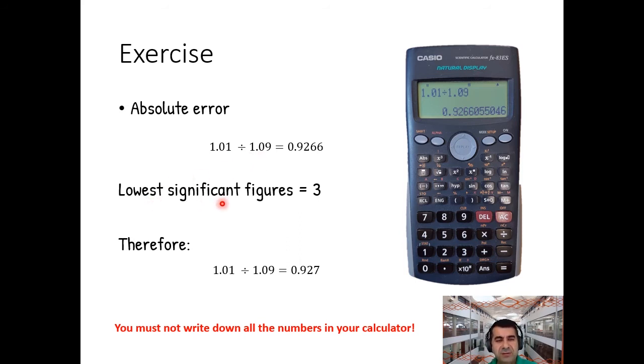So the lowest significant figures in this example is 3. Therefore, we have to retain that in our final answer. So I have to round my calculated number to 0.927.